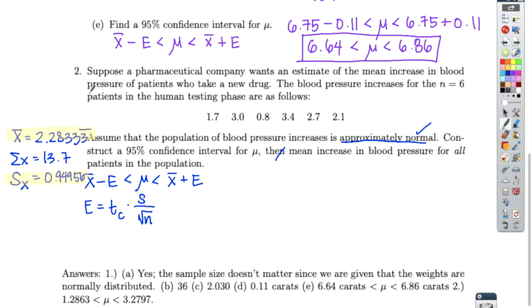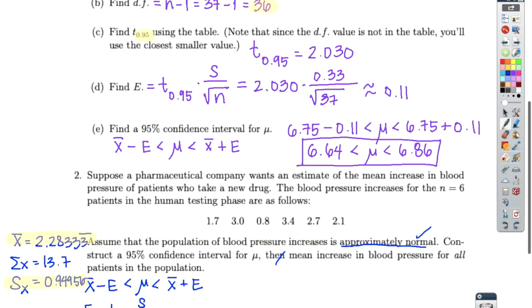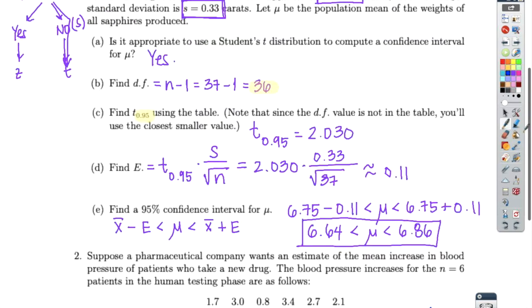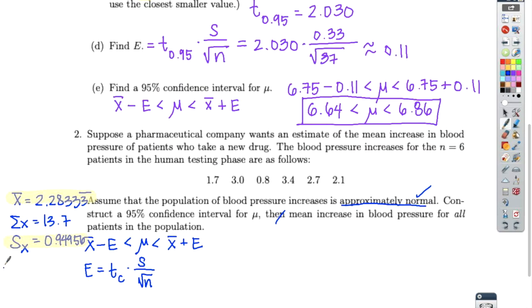And actually, I just missed a huge question opportunity here. The question is, should I use z or t in this example? This entire section is about using t, so you are probably pretty safe guessing t, but on the exam, it's not going to be as clear which one you use. So we do need to go through this decision tree again. For this problem, do we know sigma? Well, the answer is no, we don't know sigma, the population standard deviation.